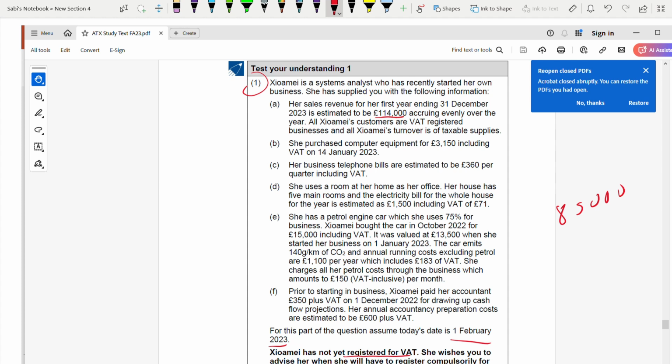Next, she purchased computer equipment for 3,150 including VAT on 14 Jan 2023. Her business telephone bills are estimated to be 360 per quarter including VAT. She uses a room at her home as her office. Her house has 5 main rooms. Electricity bill 5,000 including VAT of 71.